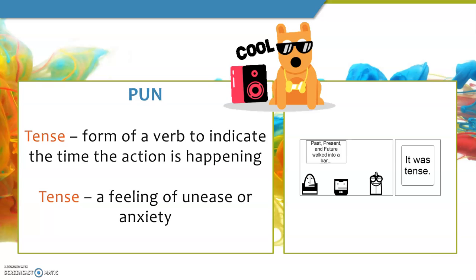And then the second use of the word, it was tense, obviously refers to the atmosphere or the mood of tension and anxiety in the room. Okay, so that is the section on puns. Remember, when a word can have two different interpretations in the context, it's usually used to create humor.